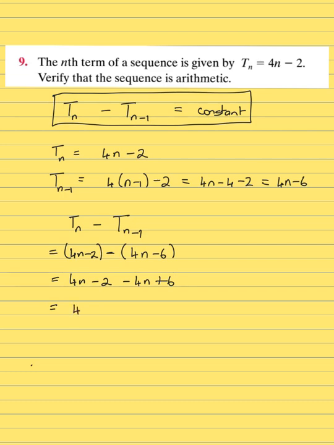Now it's very important that we say Tn minus Tn minus 1 is equal to a constant. It's not the fact that it's 4, it's the fact that it's a constant, and therefore Tn is an arithmetic sequence.